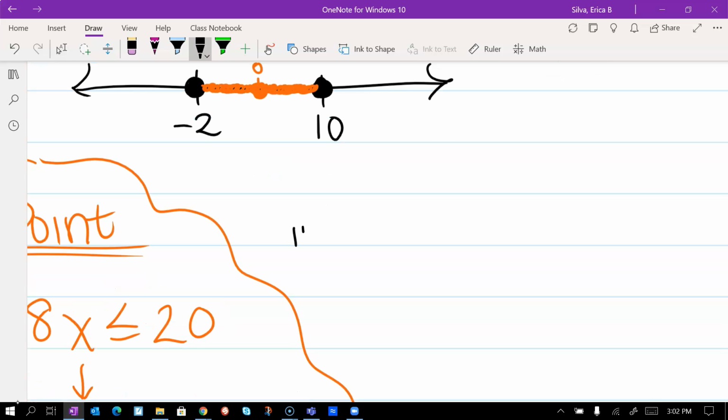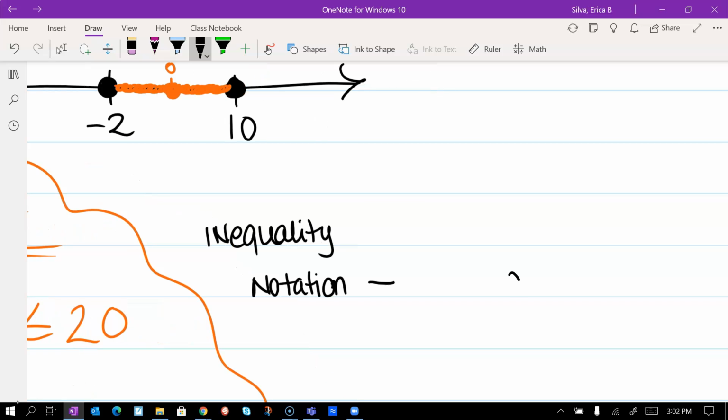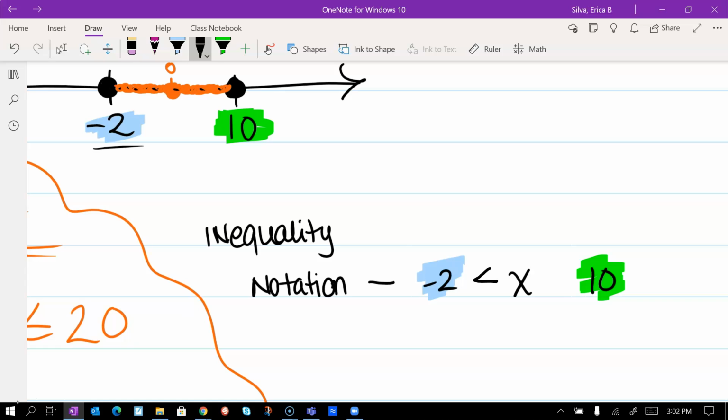So now let's go ahead and write it in inequality notation. So all of my x's are in between what two numbers? All of these numbers are in between -2 and 10. So x's are greater than -2, but less than 10.